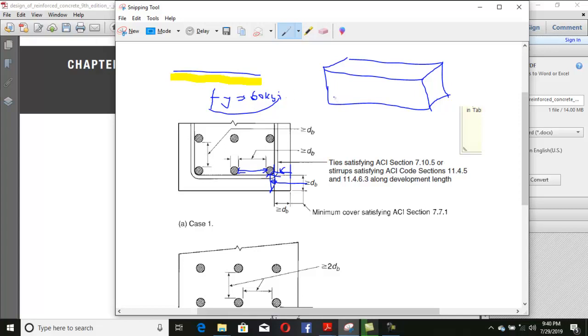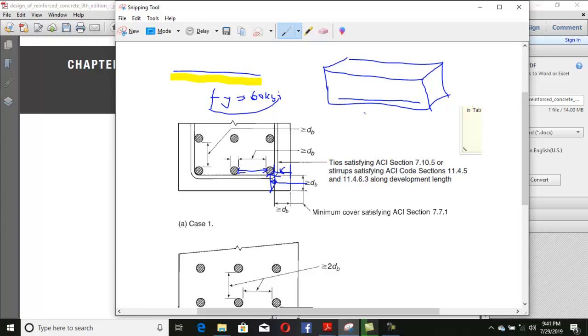Either I need to insert the whole length in this beam, or I have to insert a portion of this length.